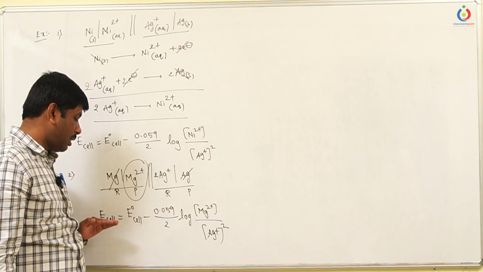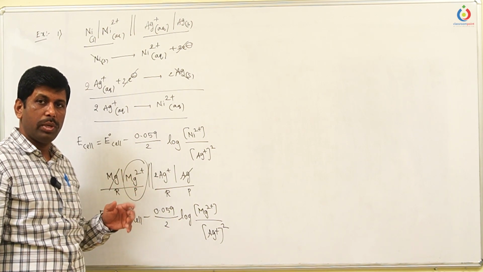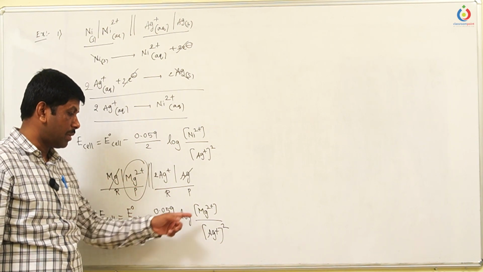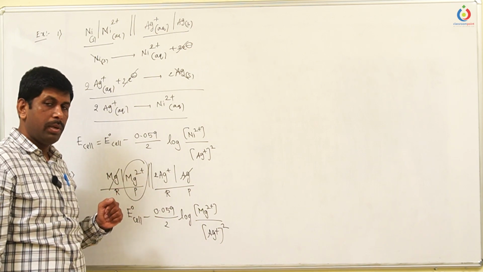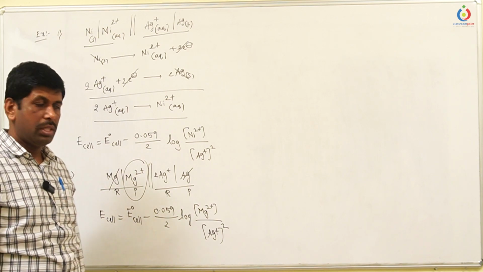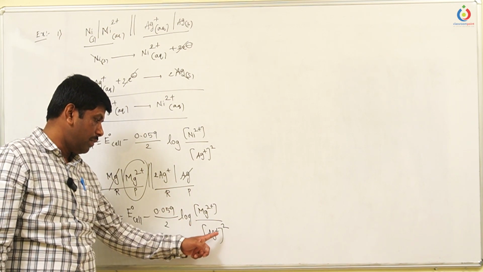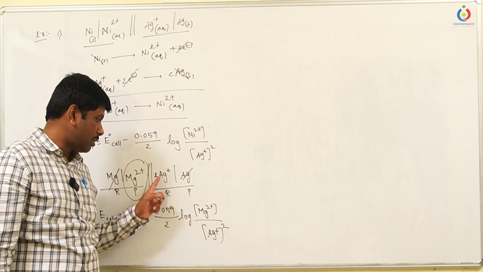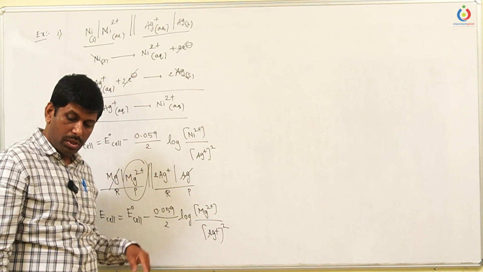Why? Because the main criterion of the Nernst equation is to explain the EMF value in terms of concentration. When the stoichiometric coefficient changes, automatically the concentration values also change. That is the reason why we take the stoichiometric coefficients here. That's why I multiplied here. But while representing the cell, you should not.